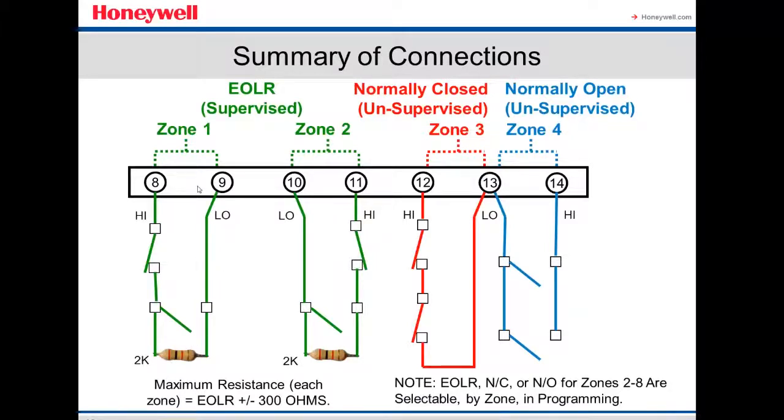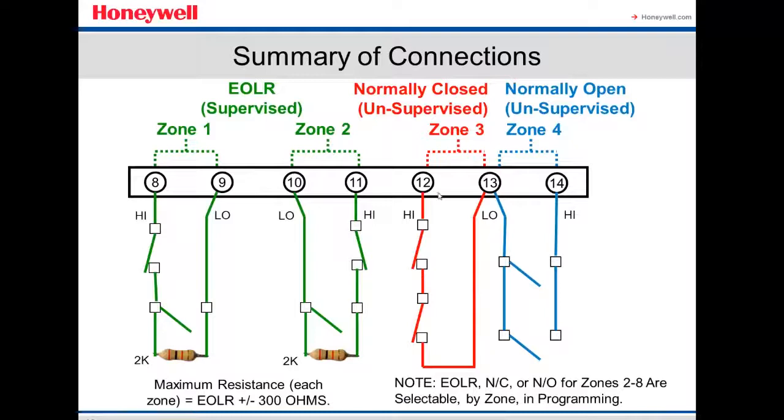Zone 1 and zone 2 are two kinds of zones supervised with a 2K resistor. And zone 3 and zone 4 are normally closed and supervised and normally open and supervised. As you can see, there's no resistor at the end.